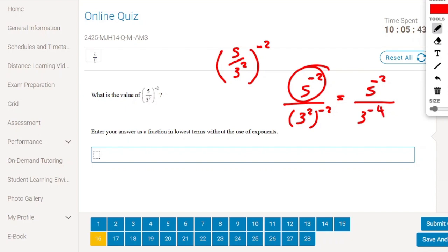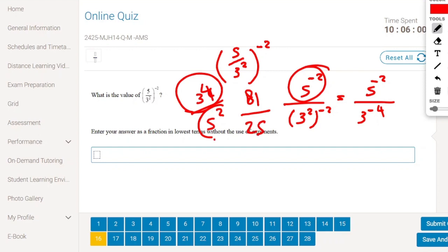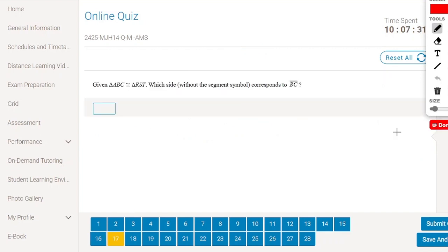Because of the minus power, we flip this one. So it will be 3 power of 4 divided by 5 power of 2. 3 power of 4 is 81, and 5 power of 2 is 25. So the answer here will be 81 divided by 25.